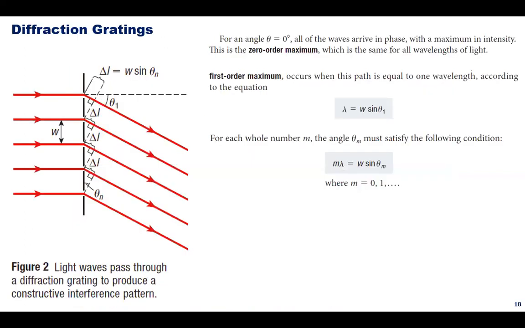Okay, let's have a look at the diffraction gratings. There are two types of diffraction gratings: transmission gratings, which transmit light, and reflection gratings, which reflect light. CDs and DVDs are common examples of reflection gratings. When illuminated, they both produce iridescent reflections.